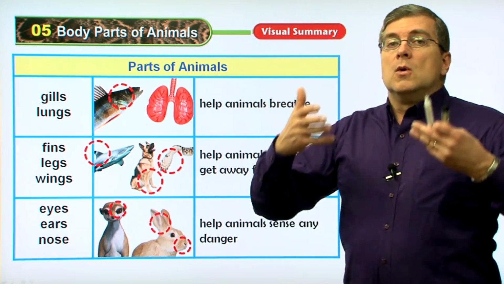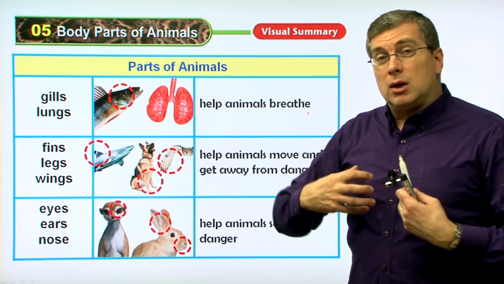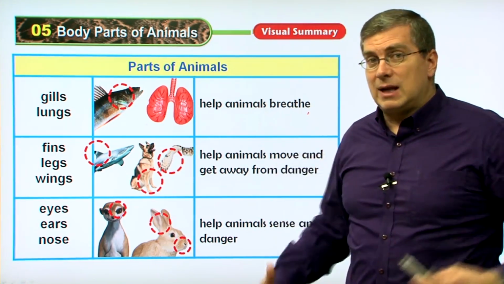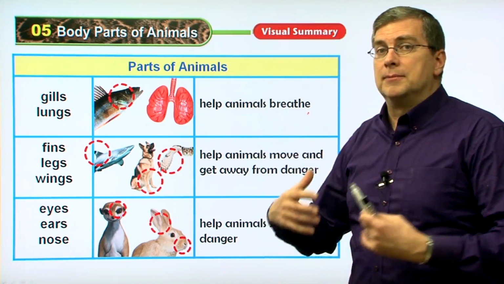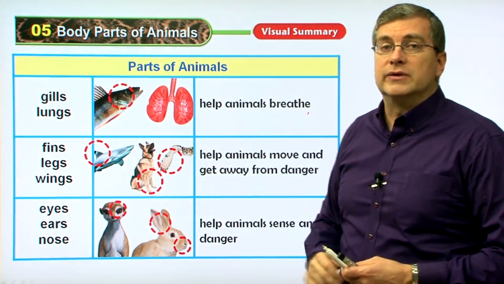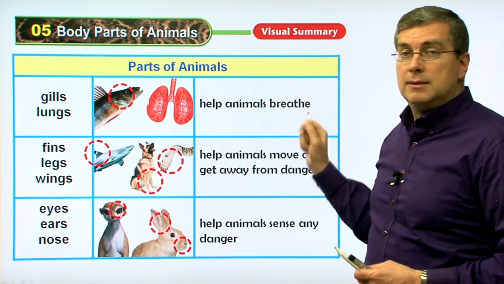So we breathe air in, it goes to our lungs, and our lungs take the oxygen and put it into our blood, and that's how we get oxygen in our body. So animals will have lungs, fish will have gills. Both of these things help animals breathe.